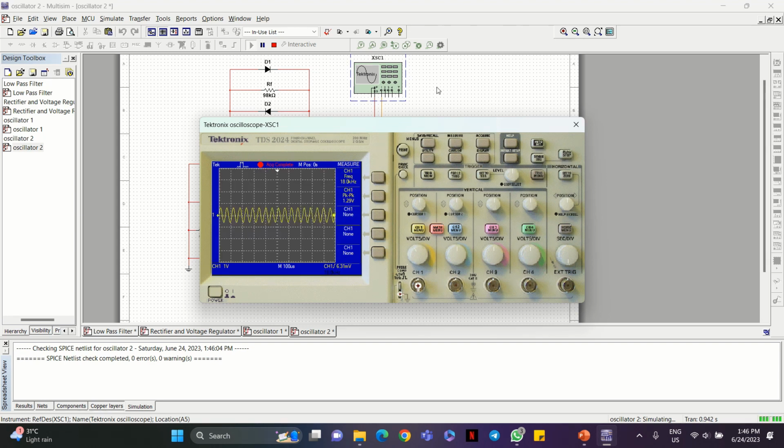So the output for frequency is 18.0 kilohertz, and for peak to peak 1.29 volt.